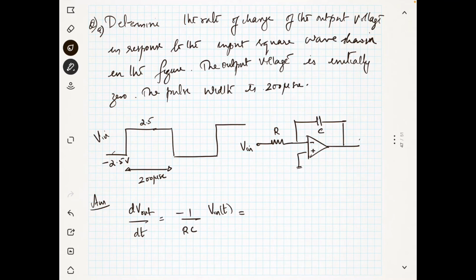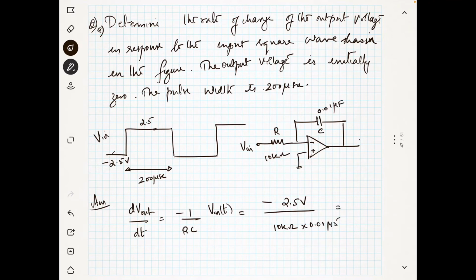This is equal to minus of the input, 2.5 volt, divided by R, which is given as 10 kilo ohm, multiplied with C, which is given as 0.01 microfarad.